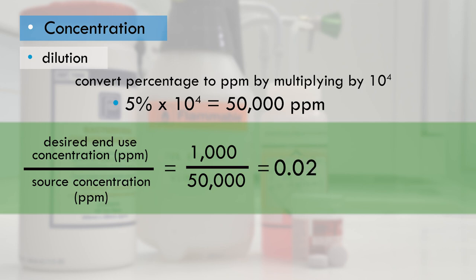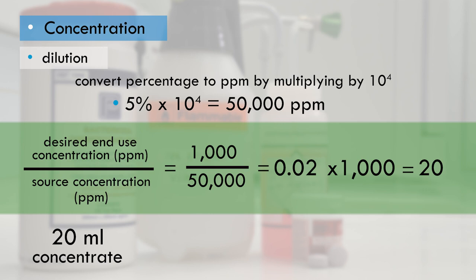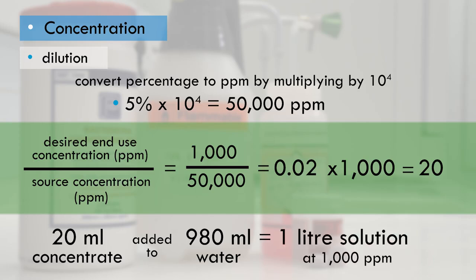We then need to multiply this by 1,000 to give the figure in milliliters. 0.02 times 1,000 equals 20. So we need to add 20 milliliters of the concentrate to 980 milliliters of clean water to give us our 1 liter with a concentration of 1000 parts per million.